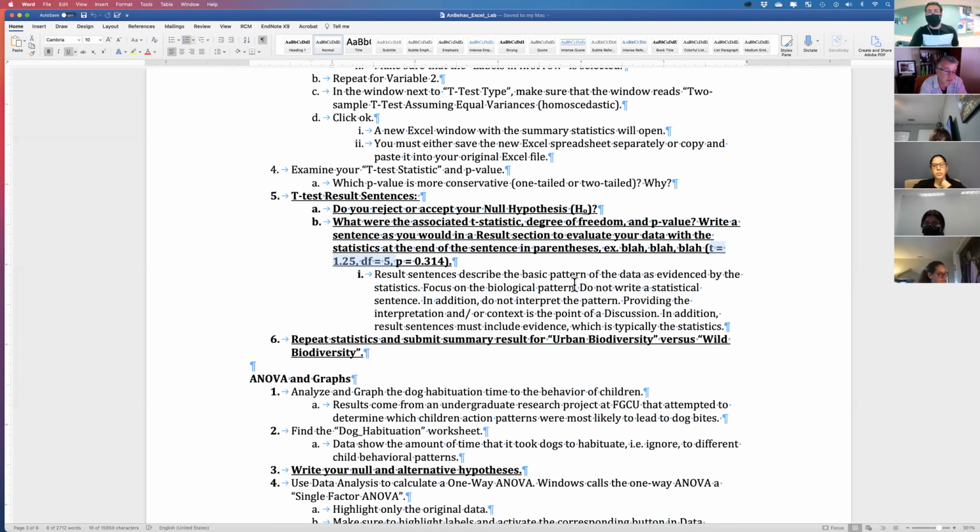It's arbitrary though, because he could have said 0.01, which is closer to 3 standard deviations. So we use 0.05. If it's smaller than 0.05, reject the null. If it's larger than 0.05, accept the null.